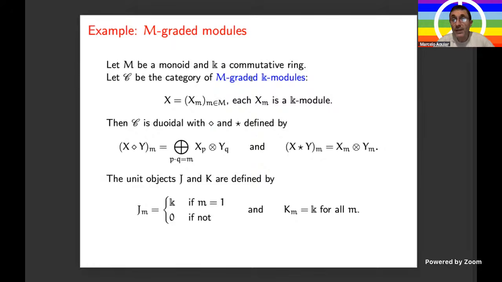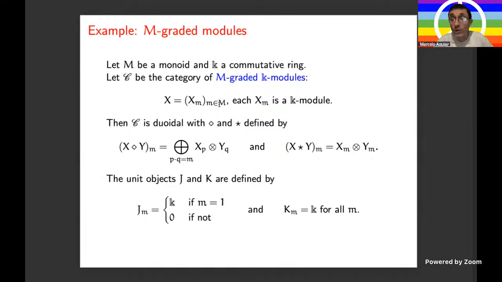And then we look at the category of M-graded K modules. So tuples in which each component is a K module, and the tuple is indexed by elements of M, capital M.